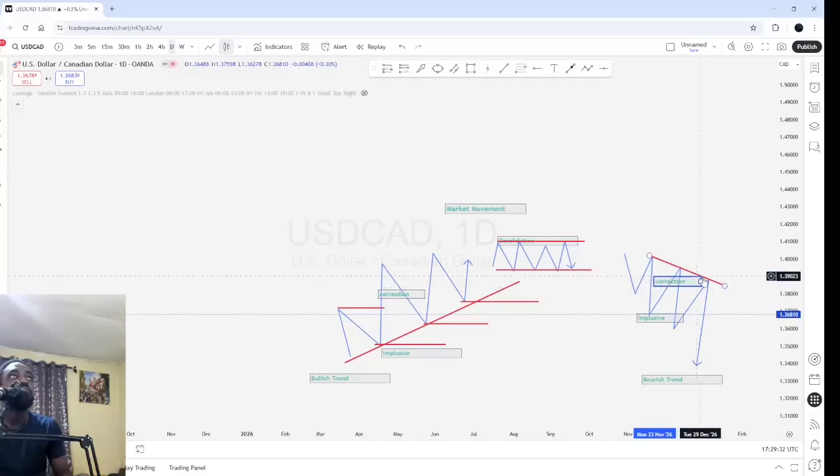So we have the impulsive move and we have the correction move. The impulsive move is this sell, this line. Then the correction move is this one coming down here. Do you get me? Coming down to the side.